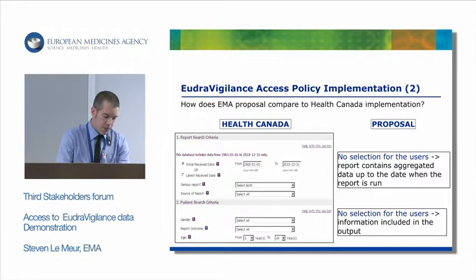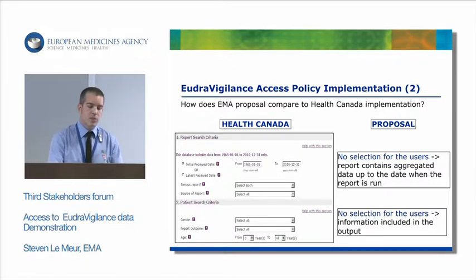During that meeting last year, we looked at a few examples, and one of the nicest examples was from Health Canada. So just to summarize how the Health Canada implementation compared to the EMA implementation. If you go on the Health Canada website, you can have a look at the safety information, and the user has to specify some criteria to do the search.